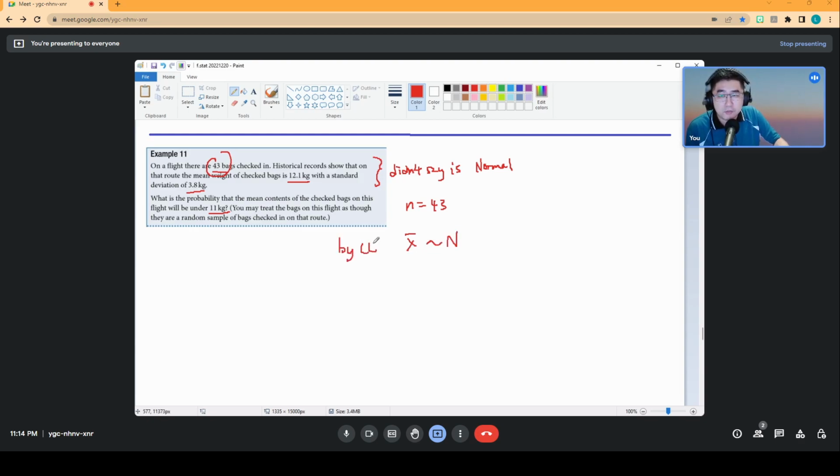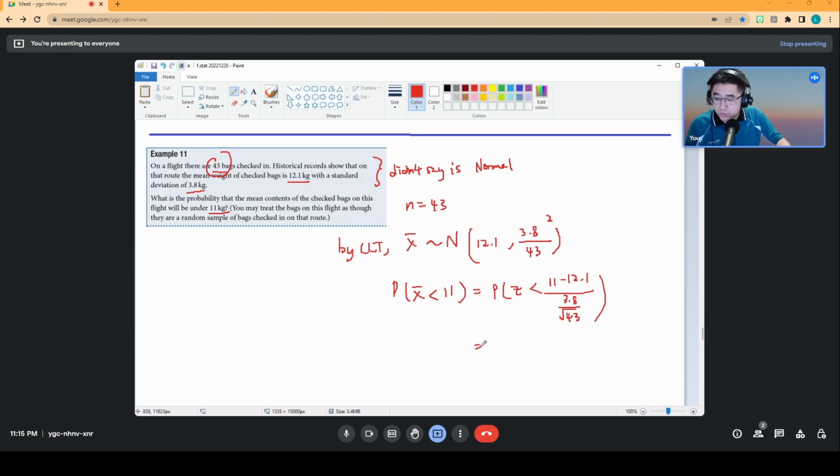X bar is normal with mean 12.1 and variance 3.8 squared over 43. Then calculate the value. Probability of mean under 11, so P of Z less than 11 minus 12.1 over 3.8 over square root 43.